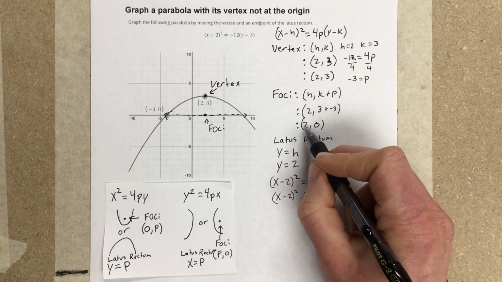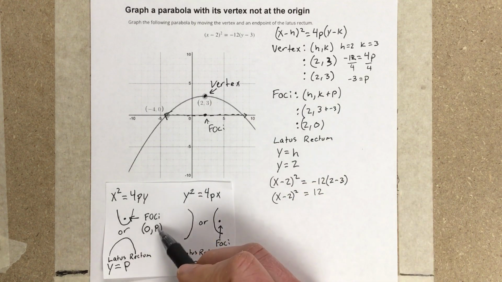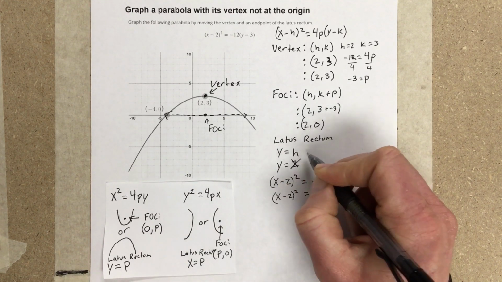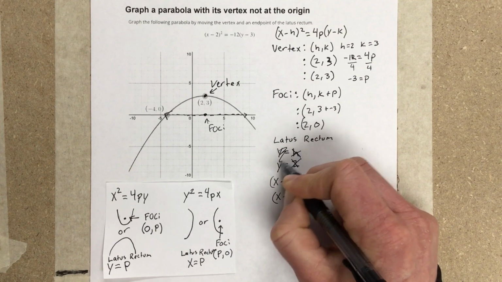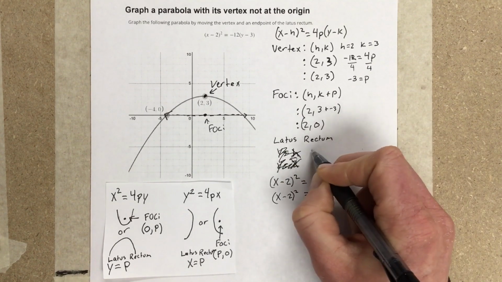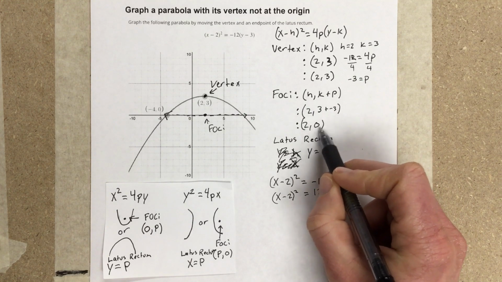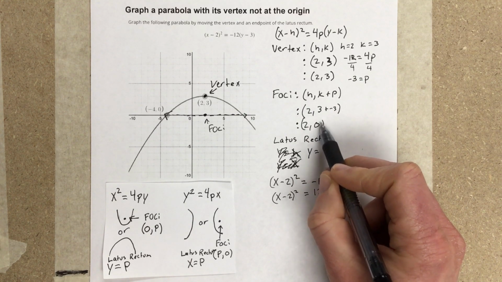I took the x value. I really want to take the y value of the foci. So this should not be y equals 2, and it should not be y equals h. The latus rectum would be y equals the y value of the foci.